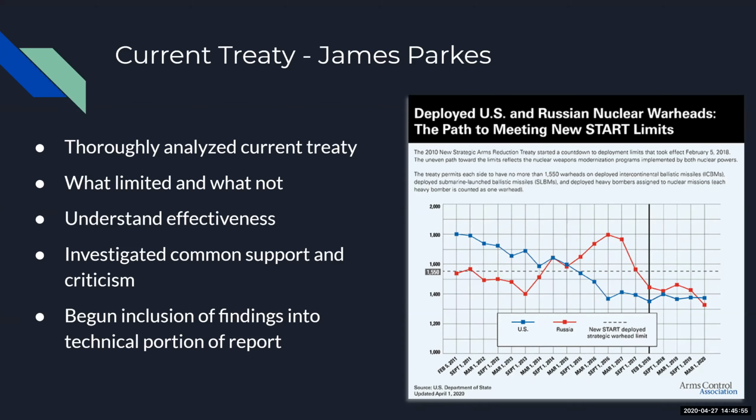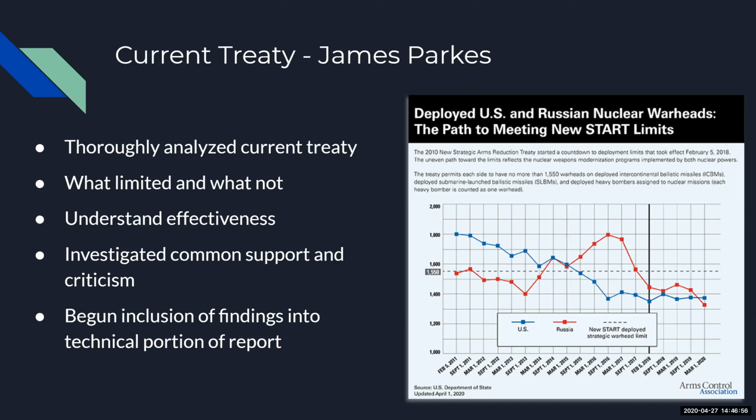As far as how this is going forward, the research portion of this part of our analysis has been completed, and I'm currently working on writing this part up as the beginning of the technical section. Thank you.